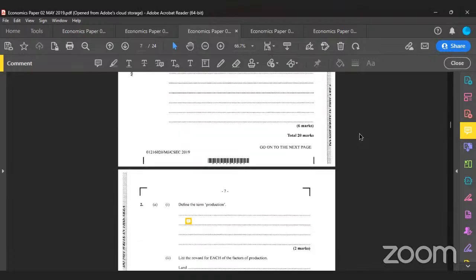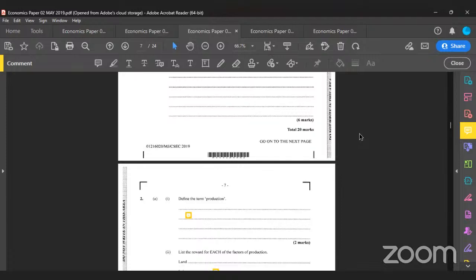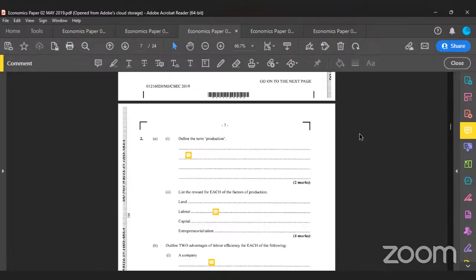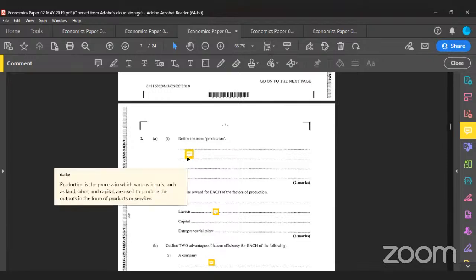So they first asked us to define the term production. There are several definitions that you can use for this and that you would attain full marks for. However, I think this definition that I got from your study guide, the CSEC definition, is pretty good.